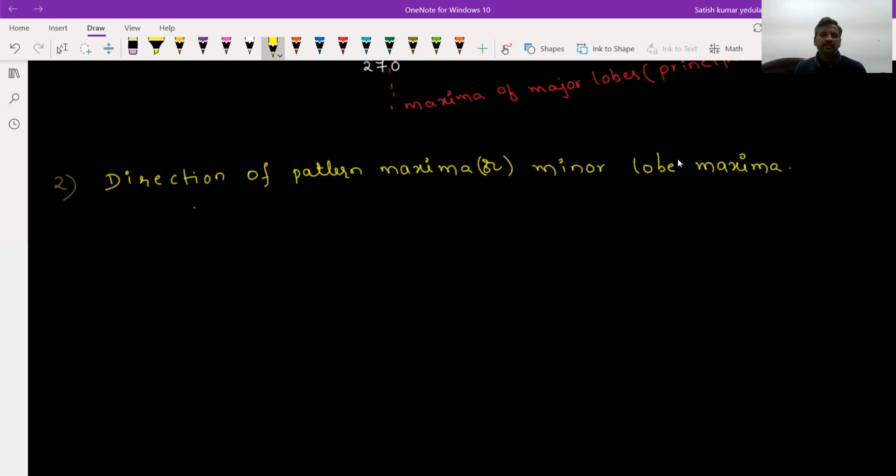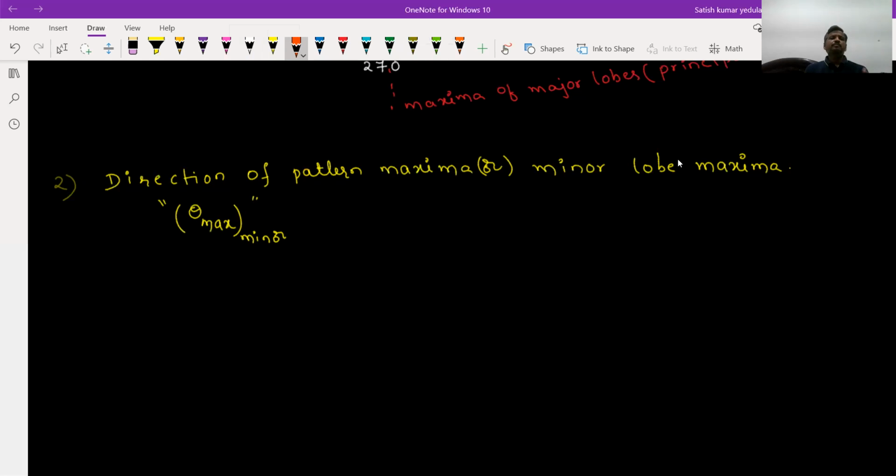The representation here is you always keep the maxima inside the bracket and minor lobe outside. Similarly, minimum you keep inside and minor you write outside. This is how we should represent that. So now let us find out how to get this direction of pattern maxima.